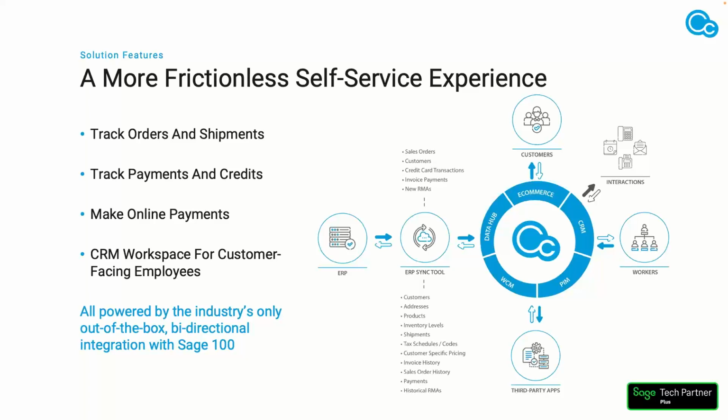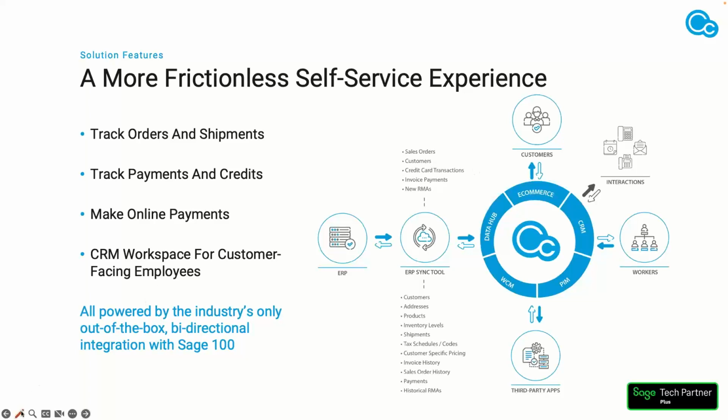So just a little bit of proof of concept will be demonstrated today. But the key thing is, if you're going to give your customers a tool or your employees a tool and say, hey, this is how you answer questions, this is how you place orders, this is how you make payments, that needs to have accurate real-time information coming from Sage. And then it also needs to have that same accurate information or the transactional information flowing back into Sage.